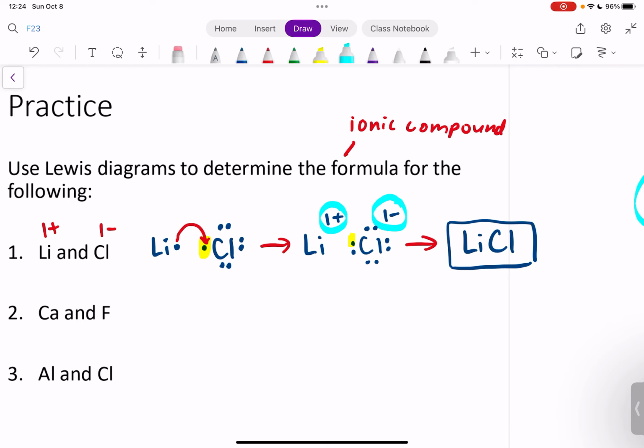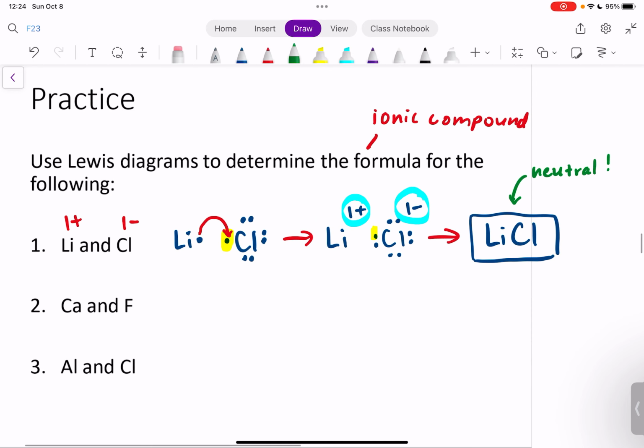They're going to bond together, and they're both going to be happy because their final compound has no charge. It's neutral. Let's make a note of that: neutral, which is kind of our goal. It's more stable that way, to be neutral. That's why they'll stick with each other.